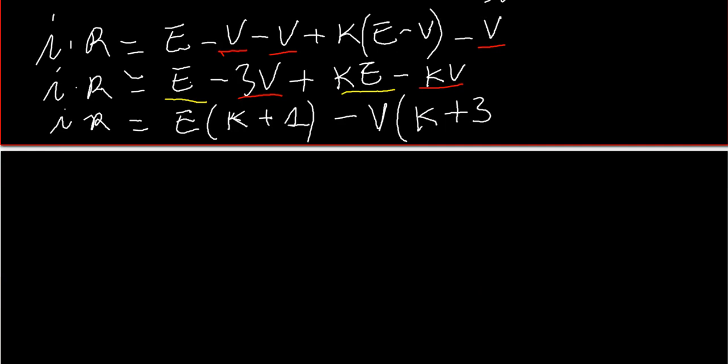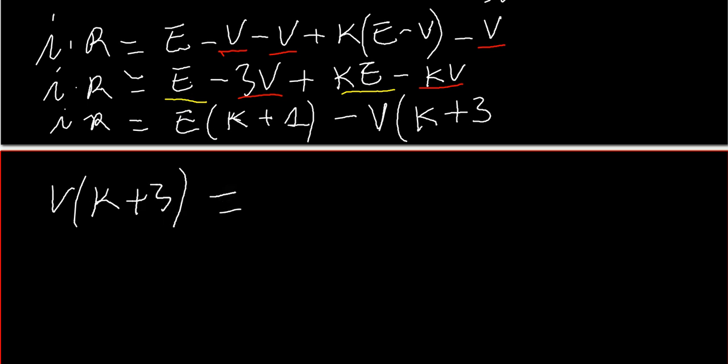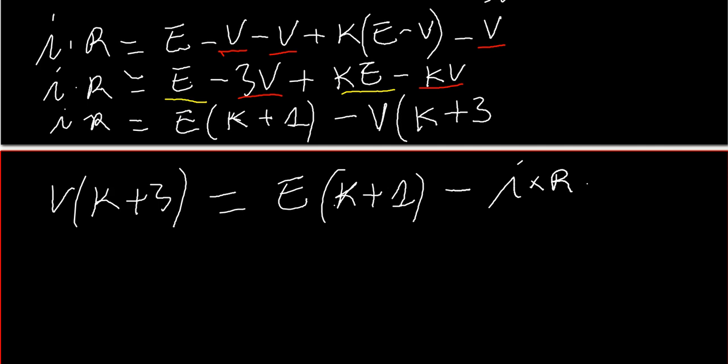If we look now at the expression of V alone in this equation, we get V bracket open K plus 3 will be equal to, let's say we send it to the other side, E K plus 1 minus I times R, and the unknown that I'm looking for here is this term.